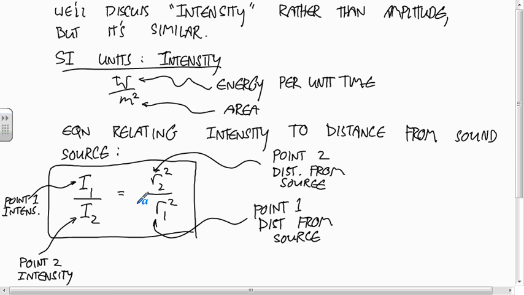The other thing to keep in mind is that the subscripts flip here. On the left side of this equation, you're talking about 1 over 2. On the right side, you're talking about 2 over 1. You could figure out which way it goes for yourself, because you know that the intensity is a measure of loudness.